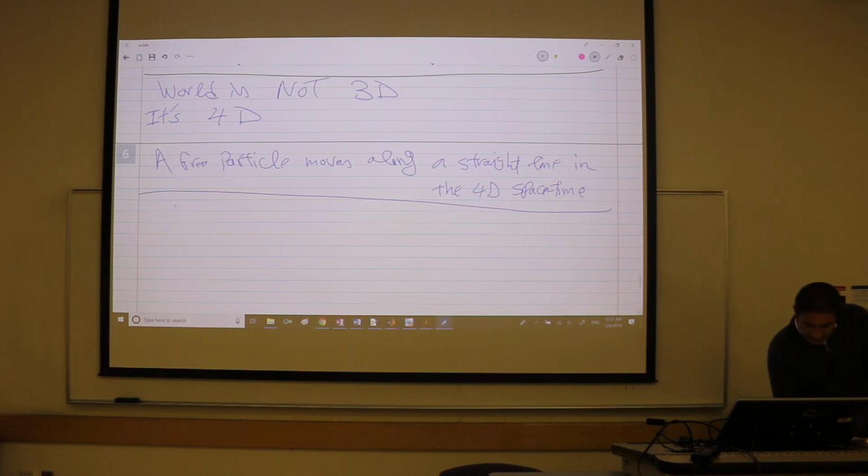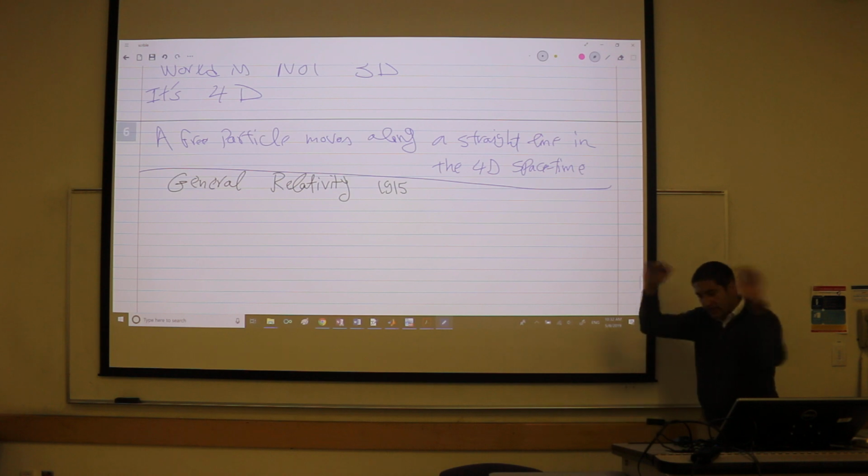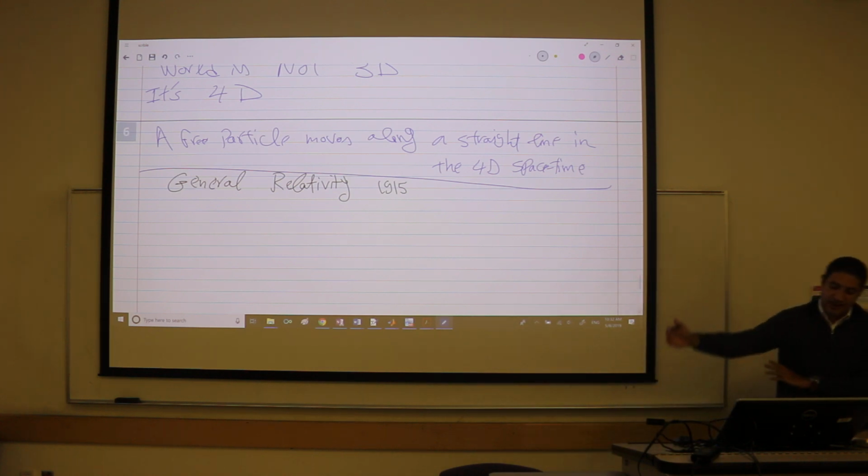Okay, so now it's Einstein's general relativity. This is 1915. And he started with, again, some objectives that he wanted to achieve from the beginning of the paper, and arrived at the general relativity at the end.